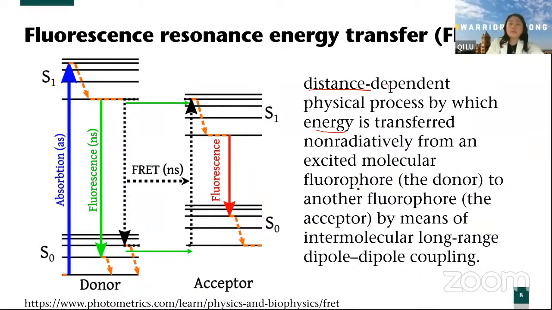But if the distance becomes longer, then the energy transfer will fail. So this phenomenon is a distance-dependent intermolecular coupling of energy, determined by the distance between these two molecules.